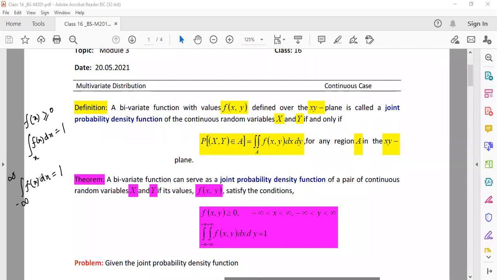Here, instead of a single integration, we are going to consider the double integration. So the double integral over x and y of the function fxy will again be equal to 1. Now, I have not mentioned whether it is y or x first, because you can do anything. I had to show you the generalized version of this particular property.